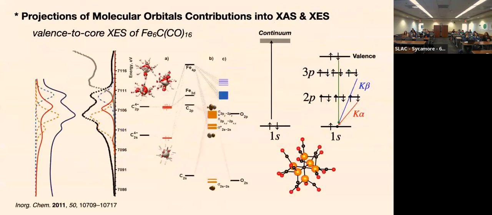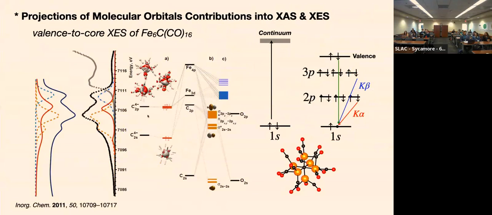This is an example of the valence to core, fragmenting the molecules. We will go into detail on this example, because we have the output for it in the tutorials.